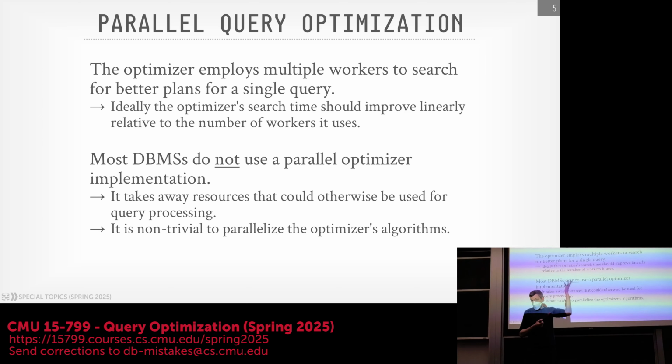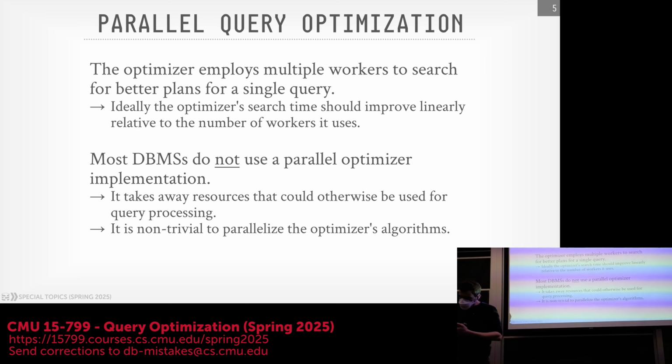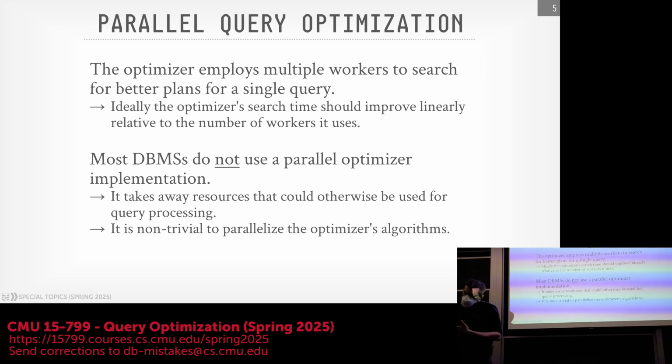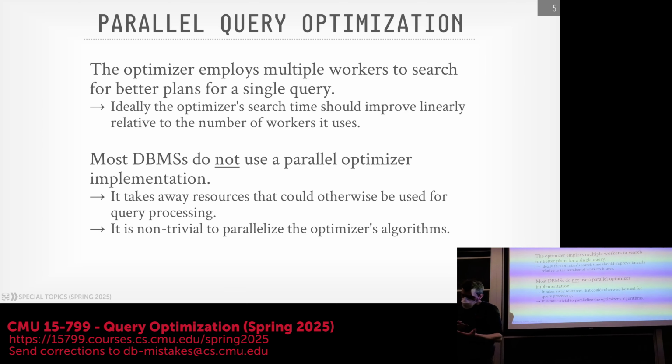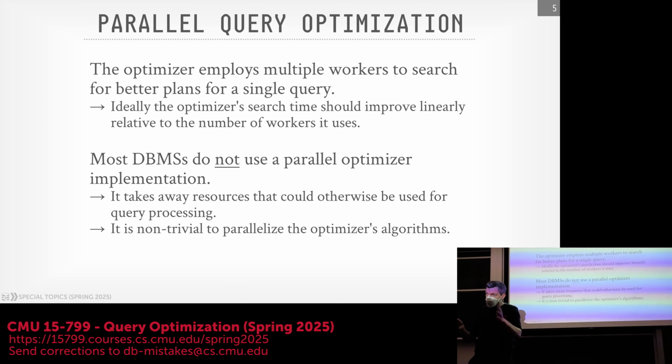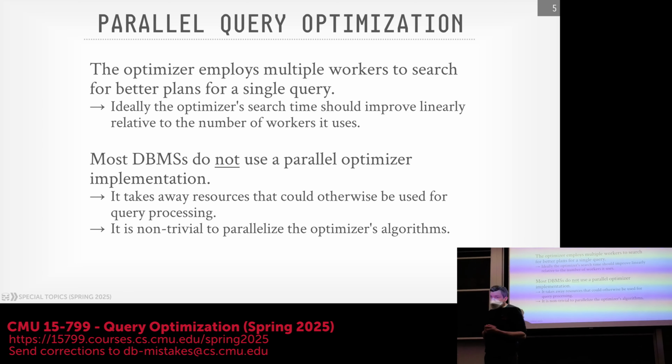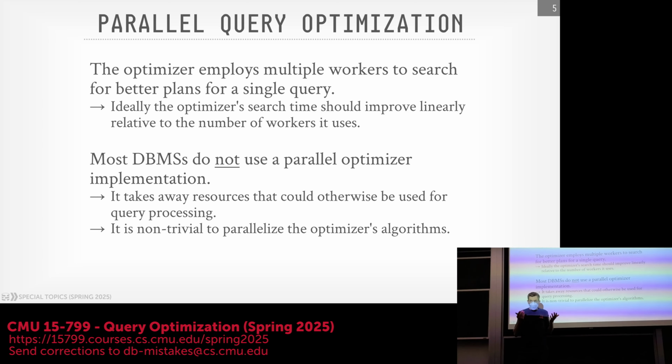So I'm taking away threads that I could be using for background tasks or query execution, and using them for query planning. So that's a hard thing to do in terms of how much better my query plan actually is if I'm multi-threaded, versus just throwing more hardware at the problem. Again, the multi-core stuff is really only early 2000s. From the 80s to the 90s, most machines were a single CPU with a single thread.